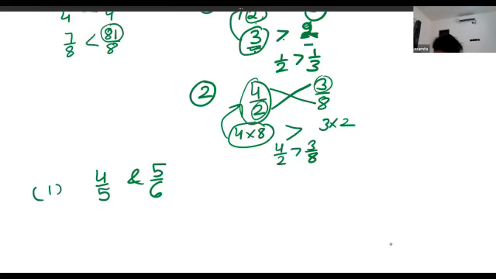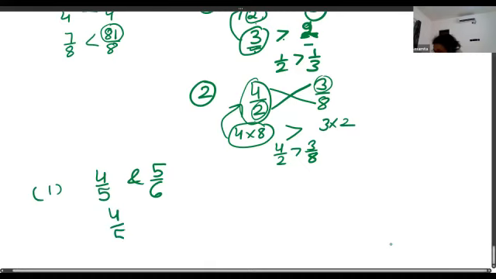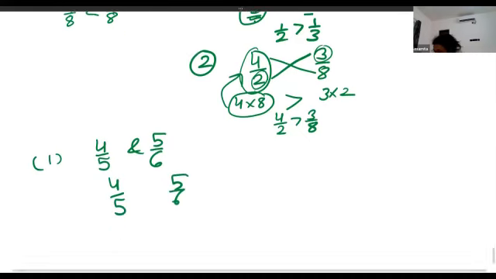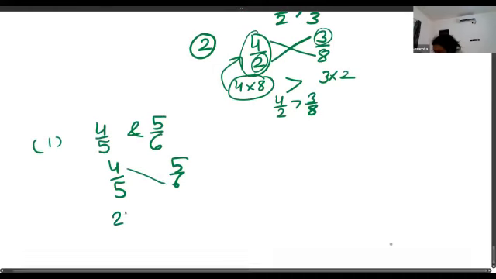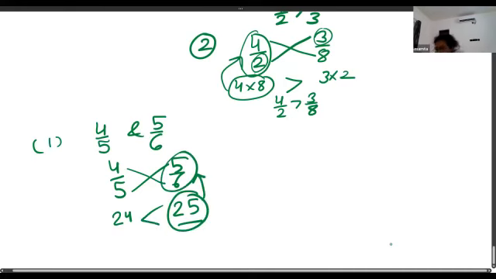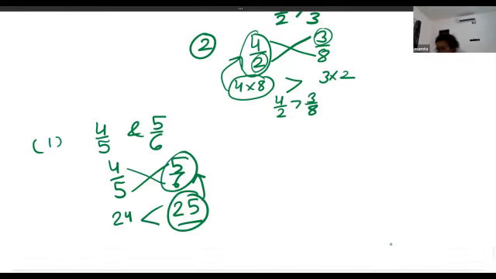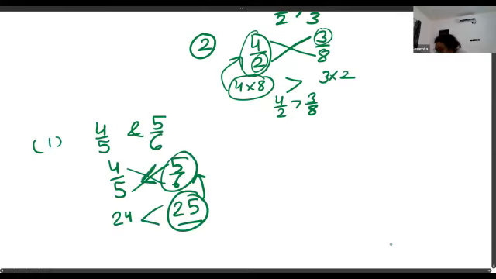We will see cross multiplication. 6 into 4 is 24. 5 into 5 is 25. Which number is larger? 25 is larger. The fraction corresponding to 25 is 5/6. Understood, children? So 5/6 is larger than 4/5.